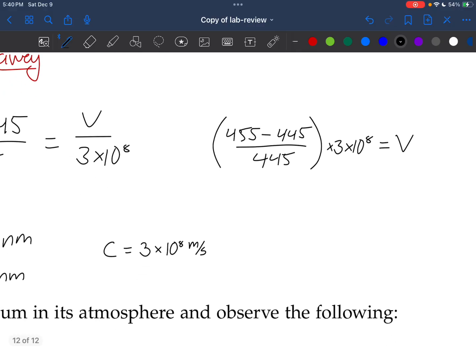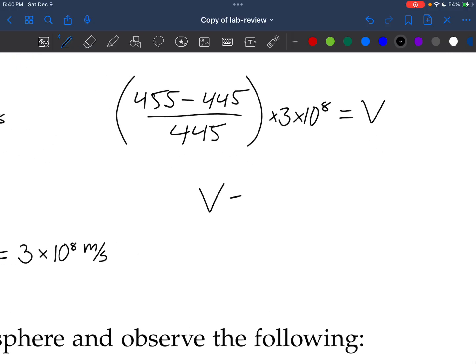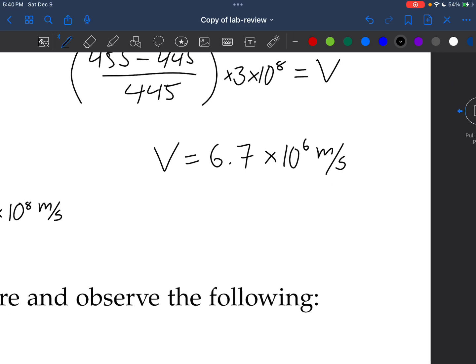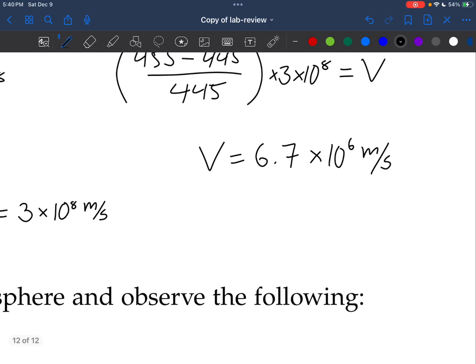That's going to be my velocity. If I punch that into a calculator, my velocity is 6.7 times 10 to the 6th meters per second, which is very fast. That's 6.7 times 10 to the 3rd kilometers per second.